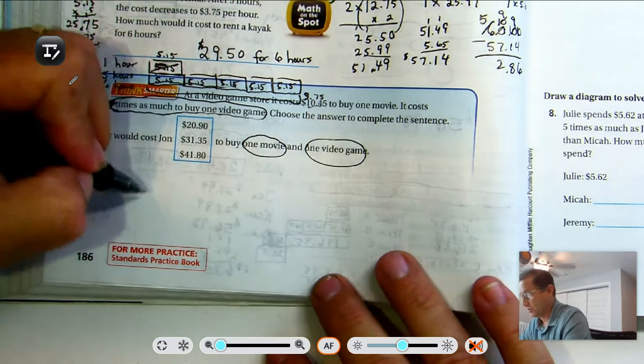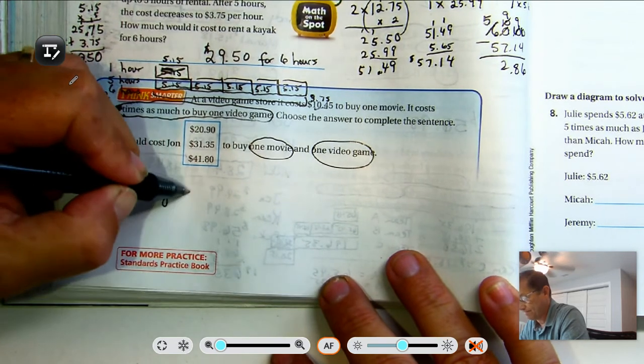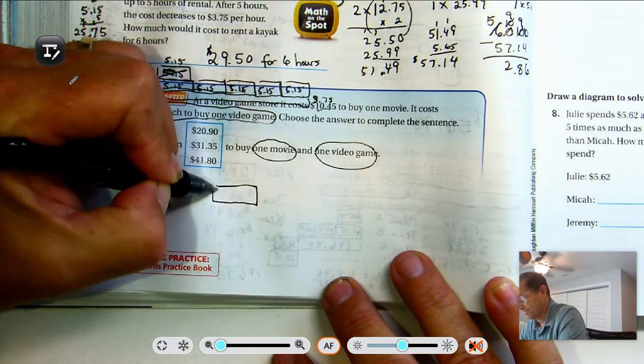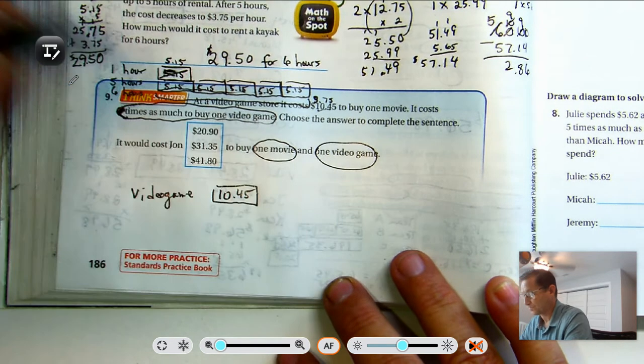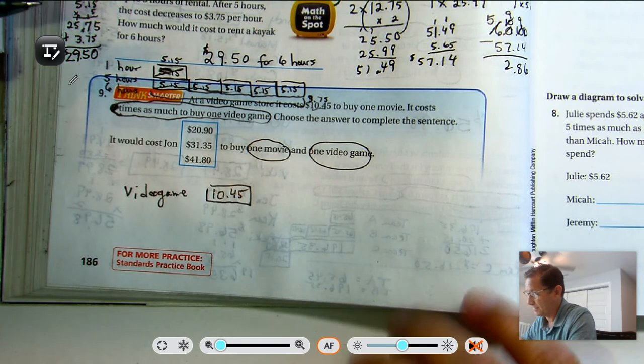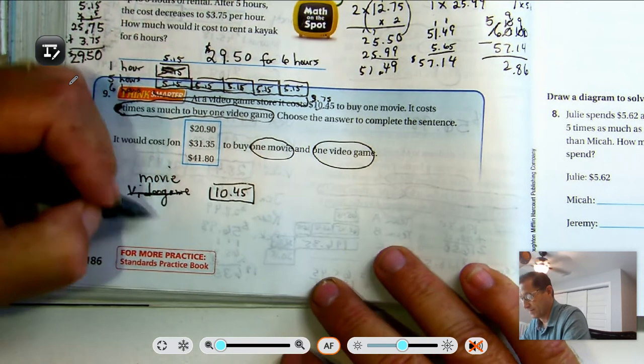All right. So we know the video game is $10.45. We know it costs 3 times as much. Oh no, sorry. The movie costs $10.45.